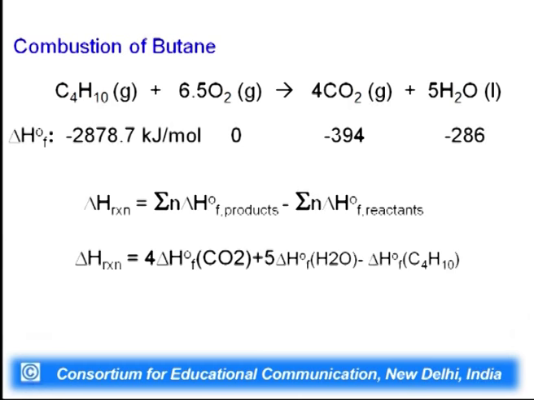So, simply delta H of reaction will be 4 delta H formation of CO2 plus 5 multiplied by delta H formation of H2O in liquid form minus delta H formation for C4H10.